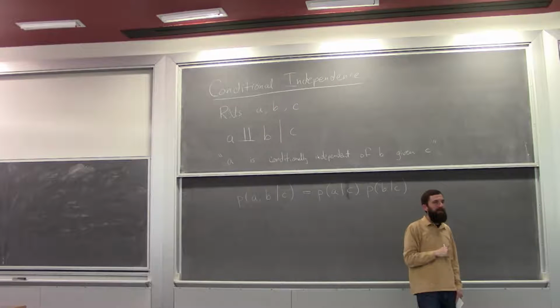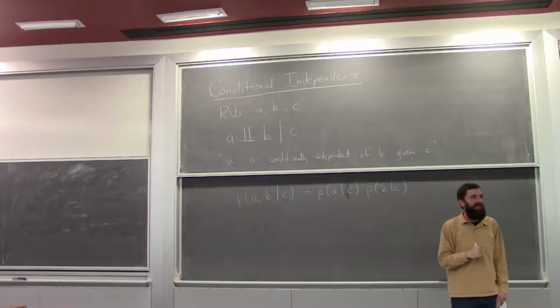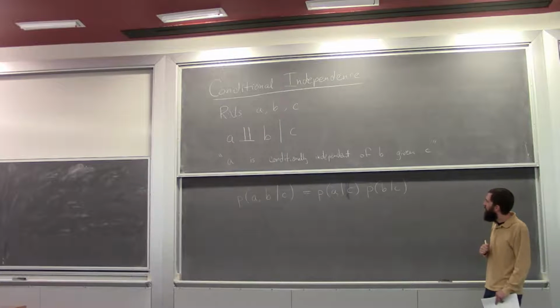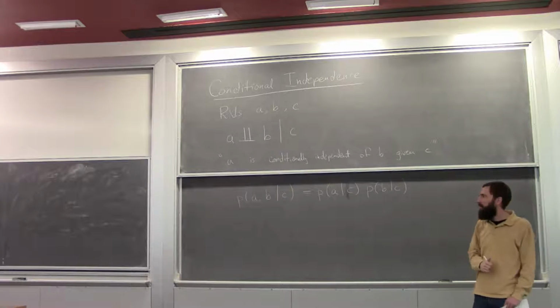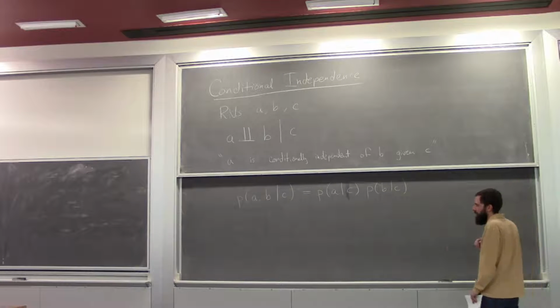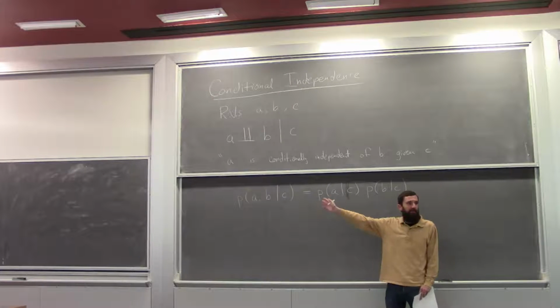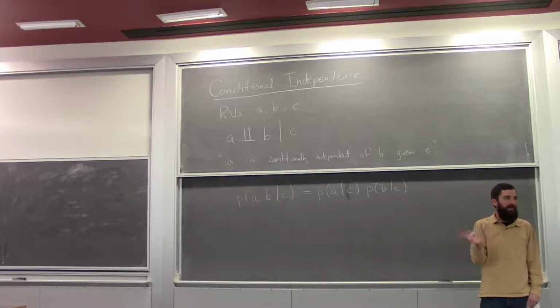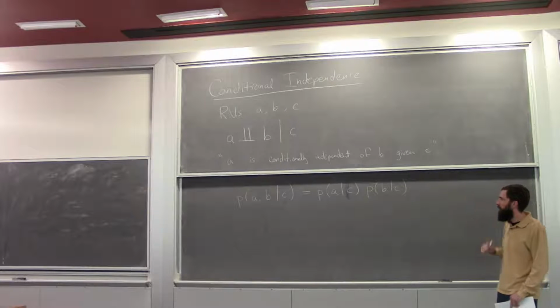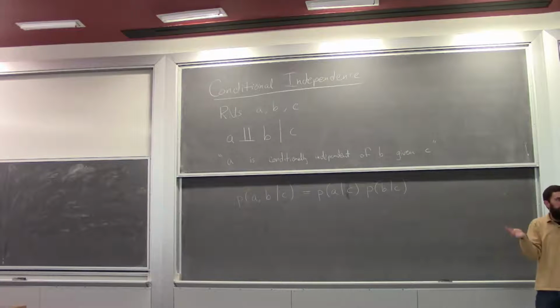So in some sense, it subsumes independence as a part of the definition. But the interesting case, of course, would be when C is a non-trivial random variable where it has some probability of being different values. But yes, this subsumes the independence. Any other questions about the definition?